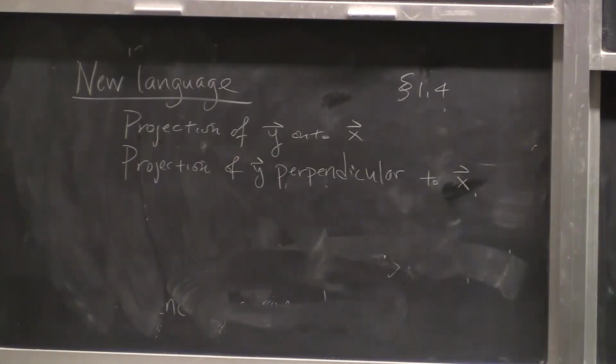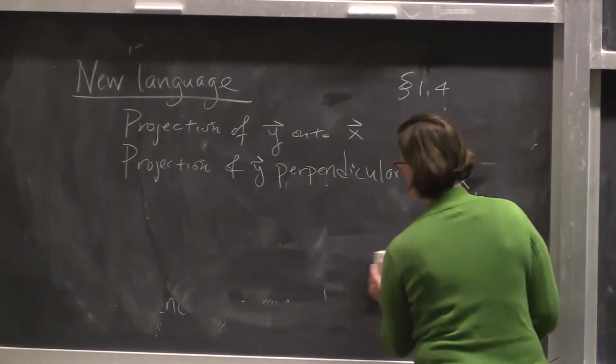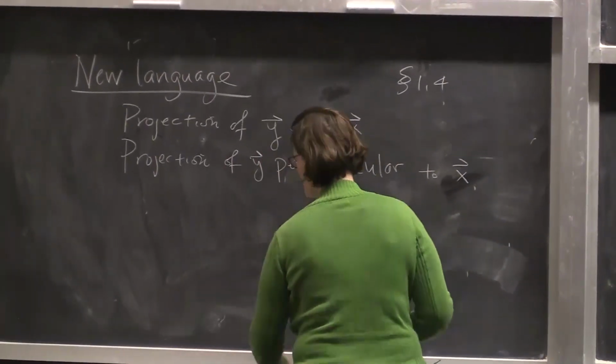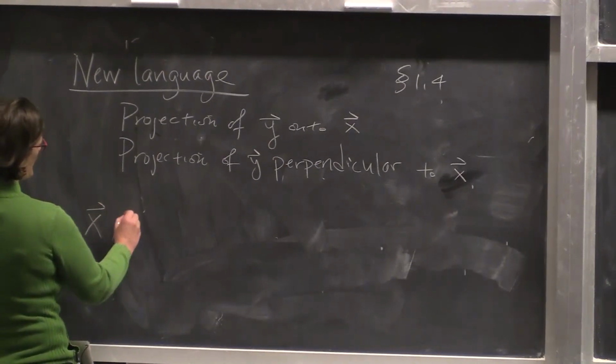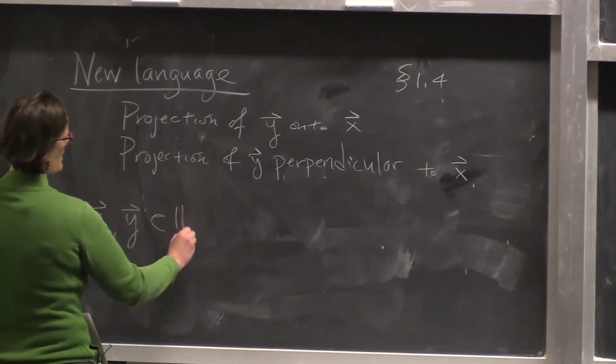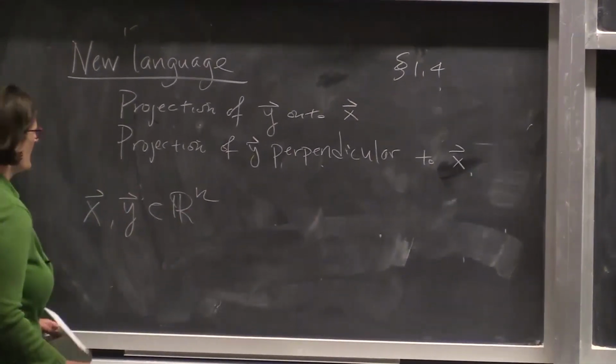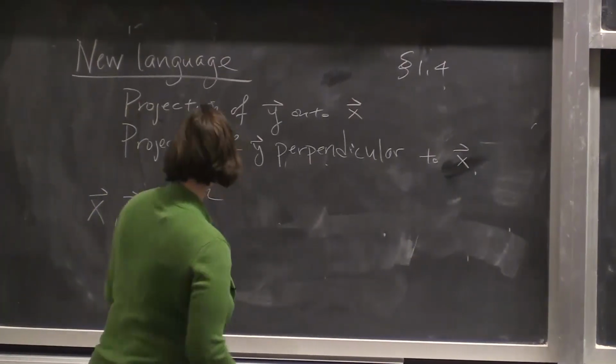So this is going to be a continuation of our friend, the dot product. Let me remind you of the dot product given two vectors in Rn.